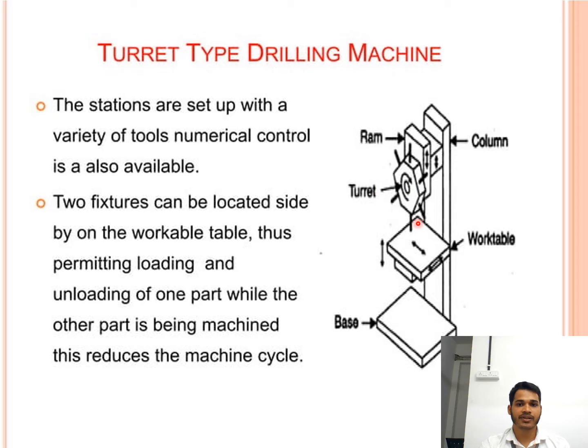So in the turret type, various drill bits are used, and this is the ram, this is the column, and this is the work table. We can use different tools at the same time, and this is the base. This work table can move upward and downward, and also right and left.